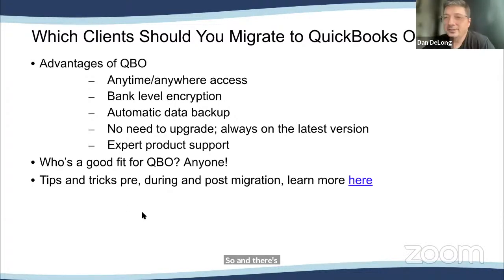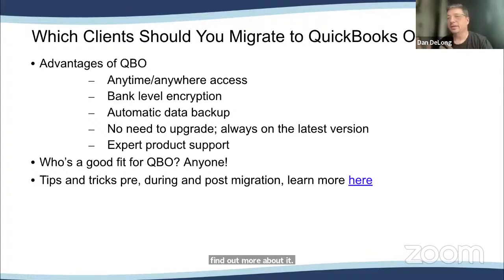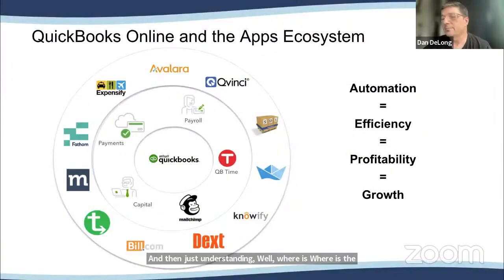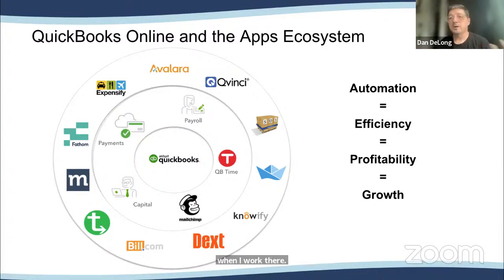Yeah, and as we're seeing, there's no straight, clear cut, definitive yes or no. It's really find out more about it, and then just understanding, well, where is the data going to lie? Because as we're talking about the ecosystem, I remember seeing this in my mind very vividly when I worked there: QuickBooks is kind of like your phone, right?